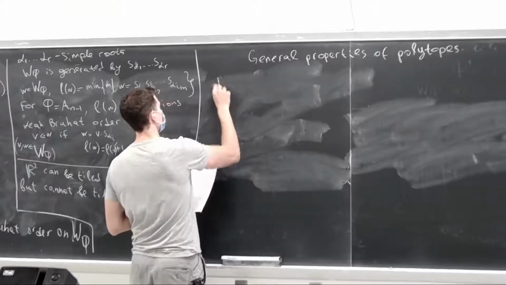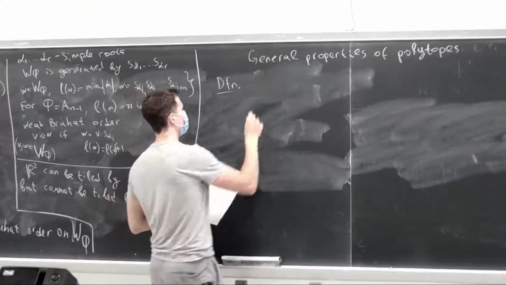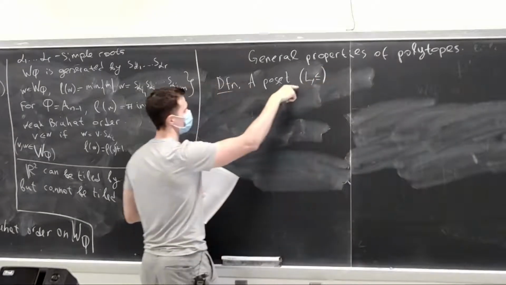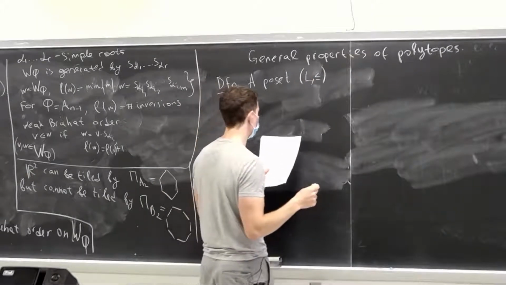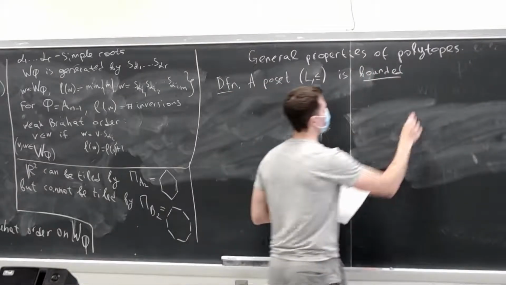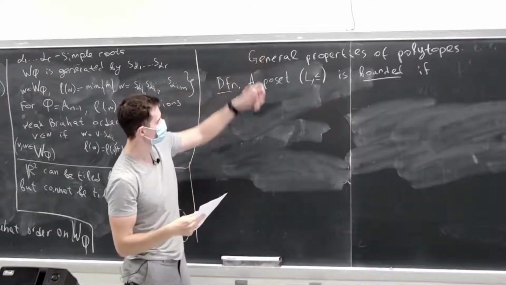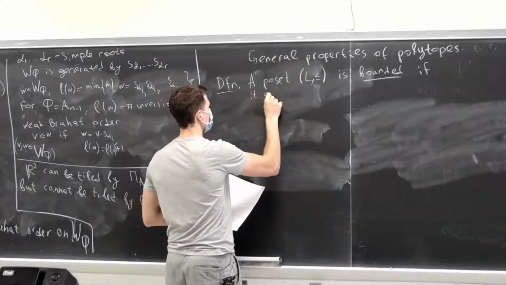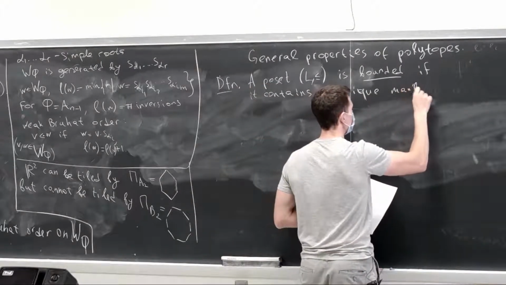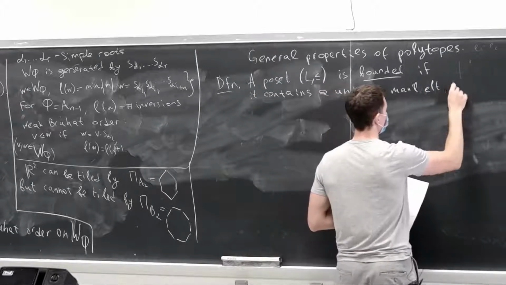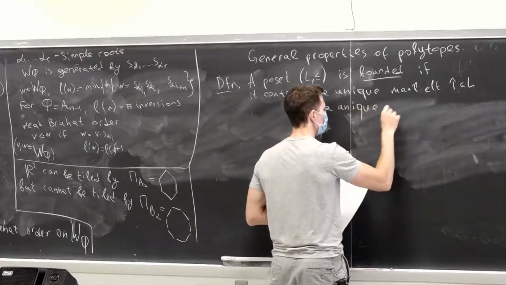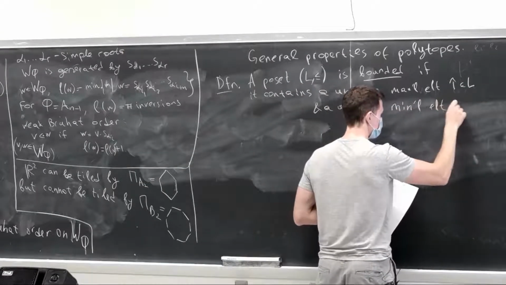Let me introduce a few definitions. First of all, let's say you have a poset, let me call it L. It's just a set with a binary relation, which is transitive, etc. And then I'm going to say that it is bounded if there is a unique maximal element, which is going to be denoted 1 hat, and a unique minimal element, which is denoted 0 hat.